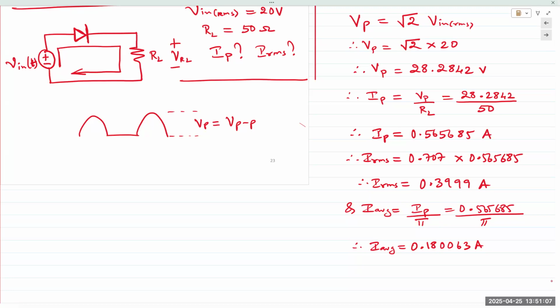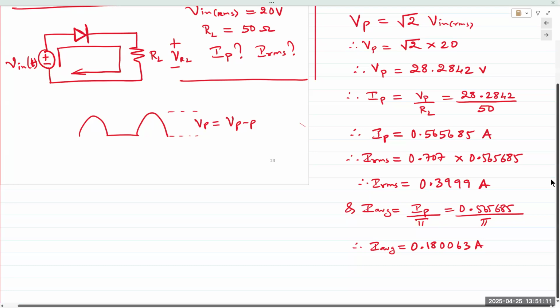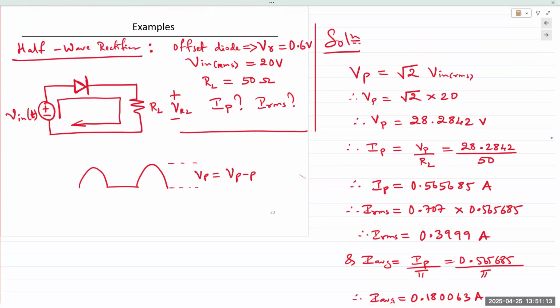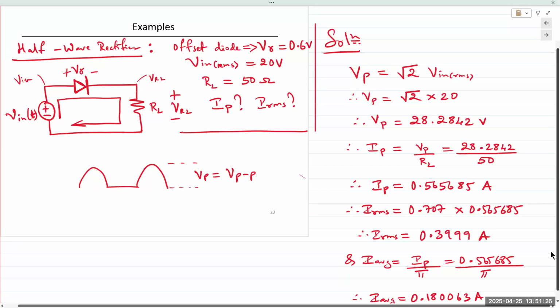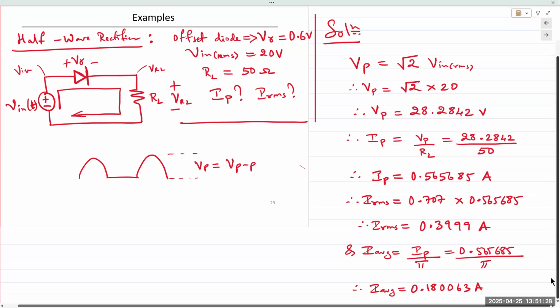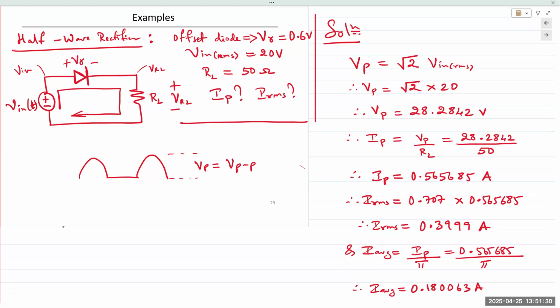Now, if you were to take the diode voltage drop into account, then we got V in here, we have VRL over here, and the diode voltage drop V gamma would be here. So now if you want to find VRL, we cannot use VP directly.